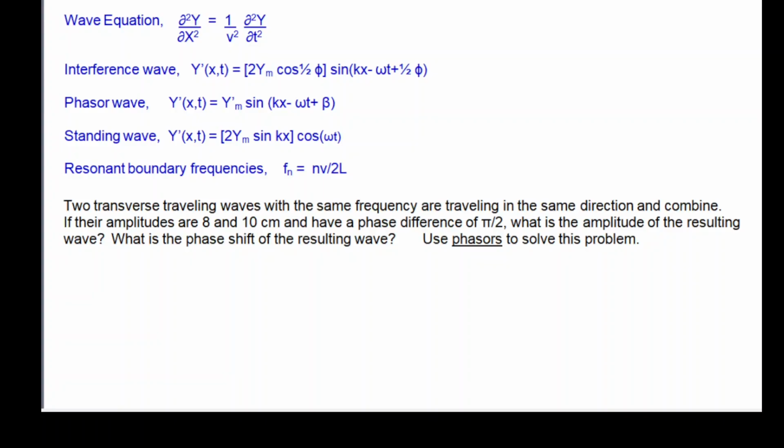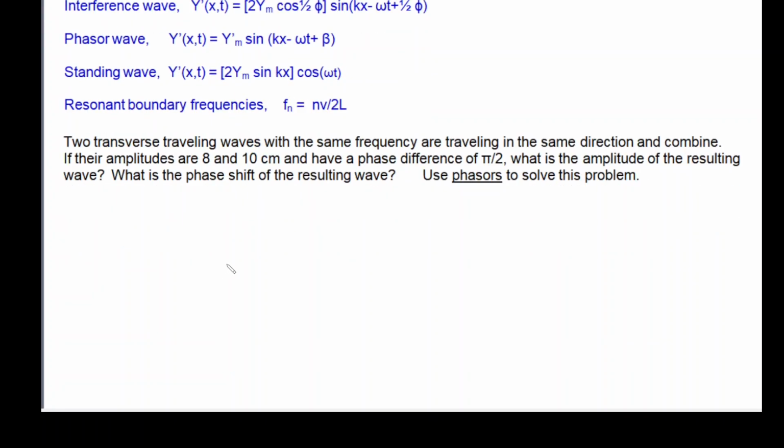So if we use phasors, what we do is we lay out our vectors. So if one vector is 1, 2, 3, 4, 5, 6, 7, 8, okay, we'll call this wave y1, and another one is 1, 2, 3, 4, 5, 6, 7, 8, 9, 10.